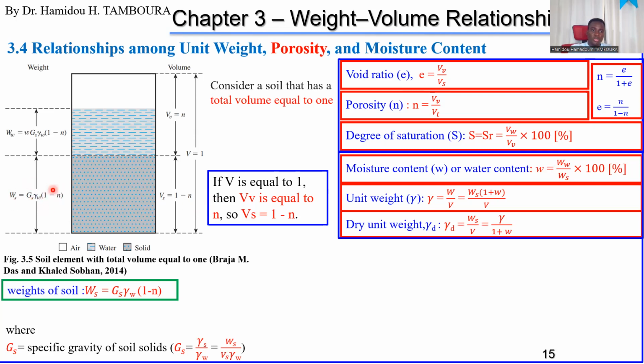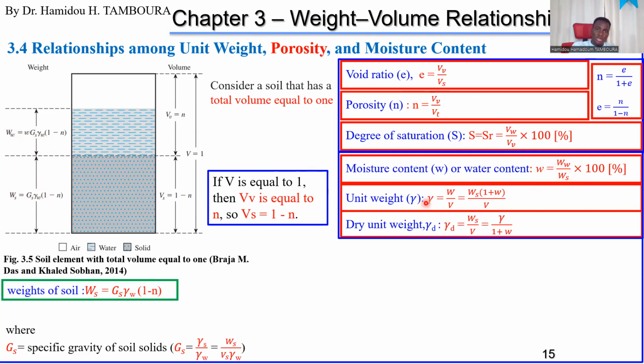We will just take this weight of solid and multiply it by water content, and we will be able to obtain our weight of water like this. Can you see the difference is just w, the water content, between the weight of water and the weight of solid obtained from this formula?